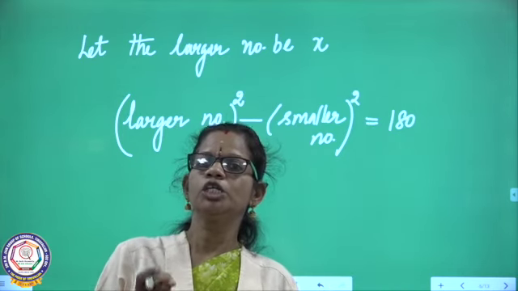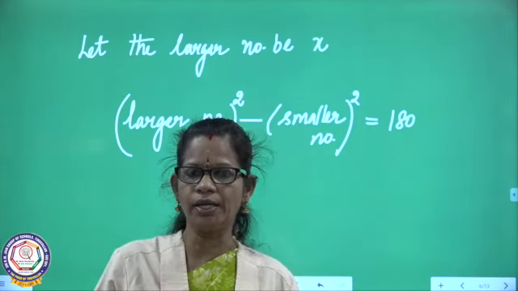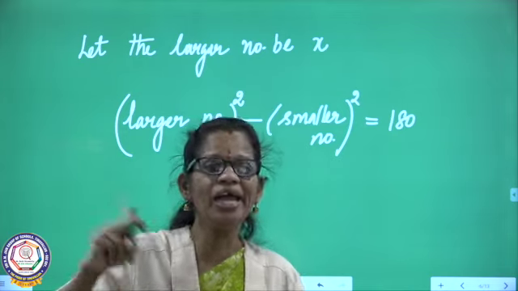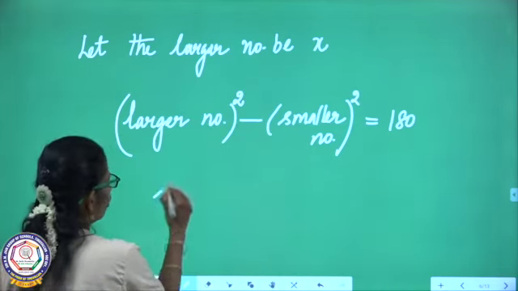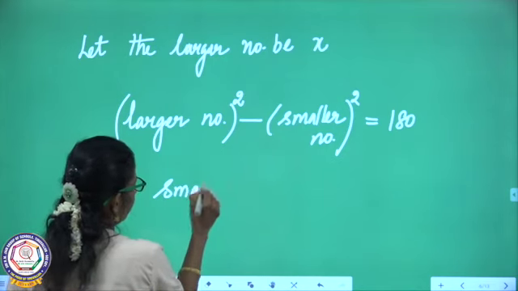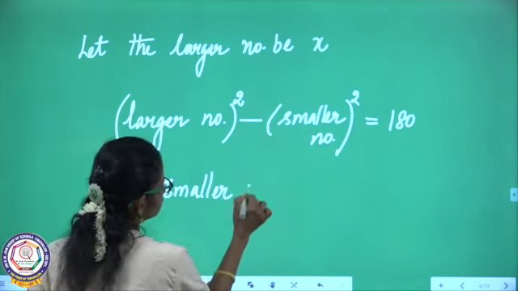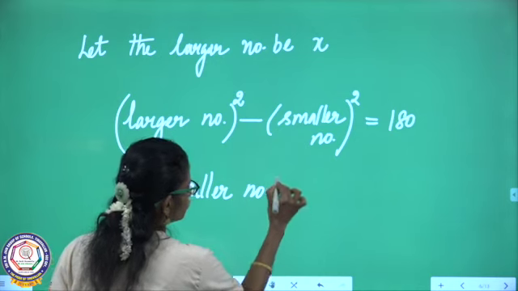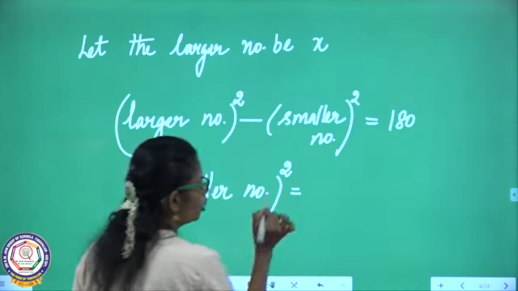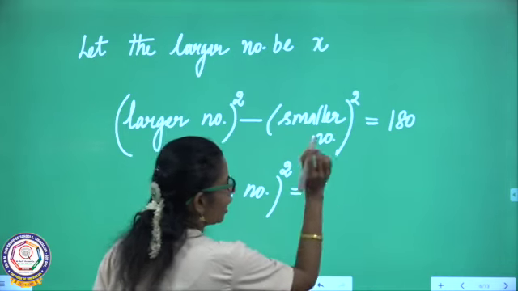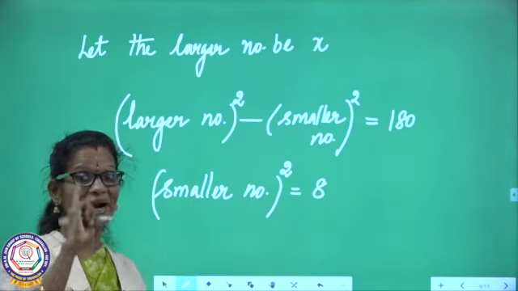What is it? The smaller number square is equal to 8 times the larger number, right? So, smaller number square is equal to 8 times. 8 times means what?